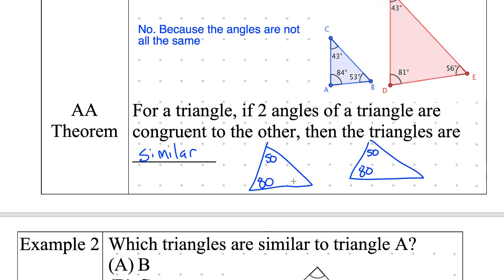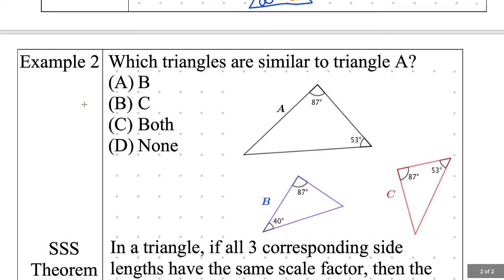So you could figure out that remaining angle and say, okay, 180 minus 80 is 100, 100 minus 50 is 50, so this angle must be 50. Oh, by the same logic, that angle must be 50 as well. And yes, all three angles are the same, and therefore we can conclude that the two triangles are similar. But the shortcut is you only need two angles for a similarity criterion. Kind of nice. It leads to some tricky problems though.